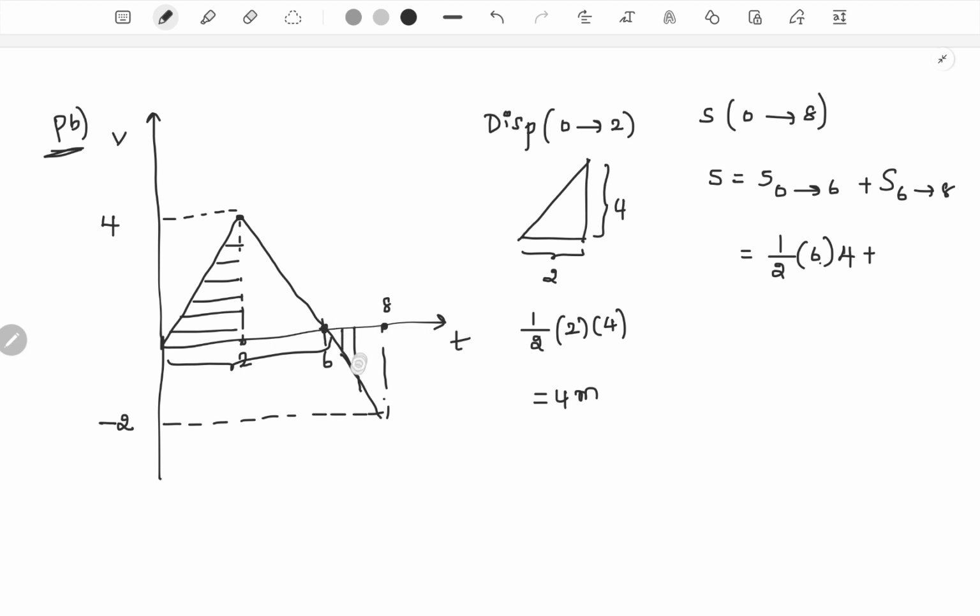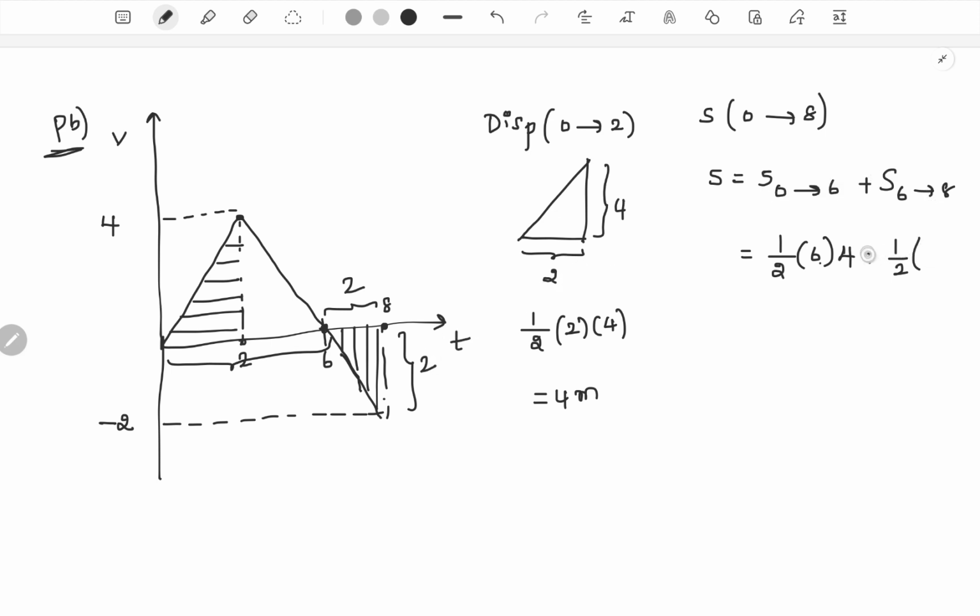If you look, the area is below the graph, where the velocities are negative, hence that area should be taken as negative. So half into, this side length would basically be 2, this side length is also 2.